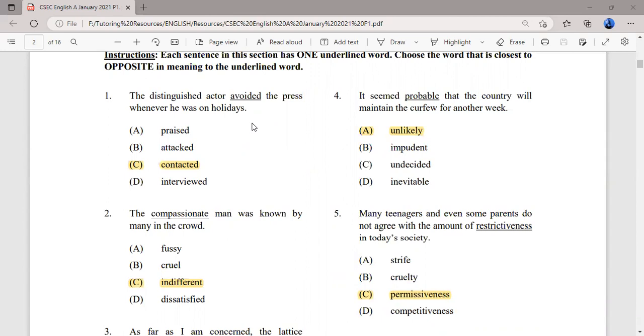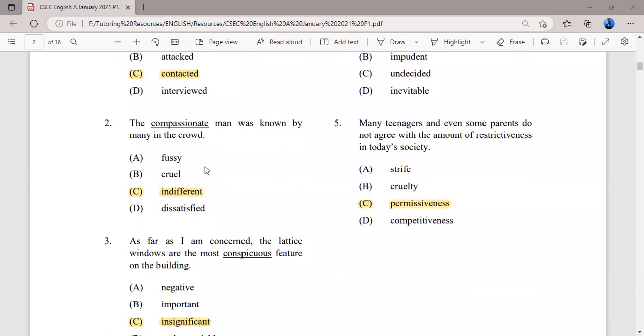When answering these questions, make sure you think about the context that the sentence gives, because a dictionary definition or a dictionary given antonym might not be included on the paper. Again, it is closest to opposite in meaning. Next one we have, the compassionate man was known by many in the crowd.